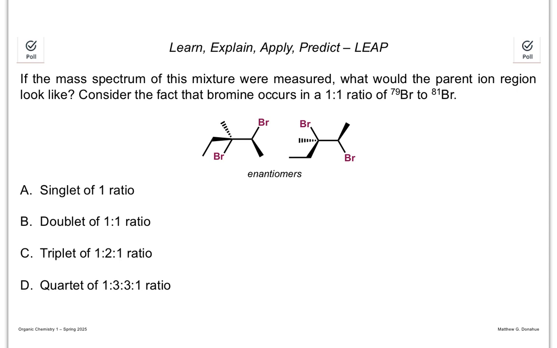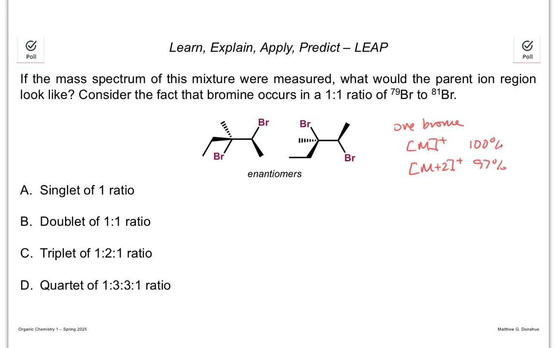So here's a question I like to challenge students with. You have two bromines in the molecule. Remember that one bromine gives a 1-to-1 ratio. So in terms of a percent, say that was 100%, this would be similar, 97%. So it's a 1-to-1 ratio. But now you have two bromines in there.